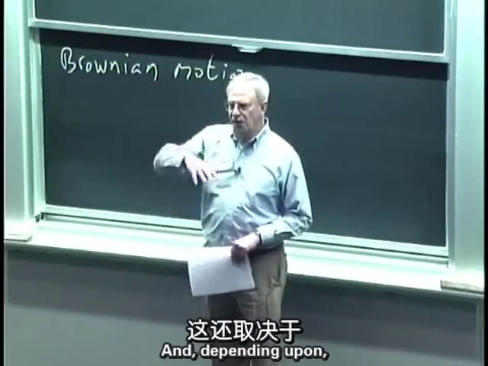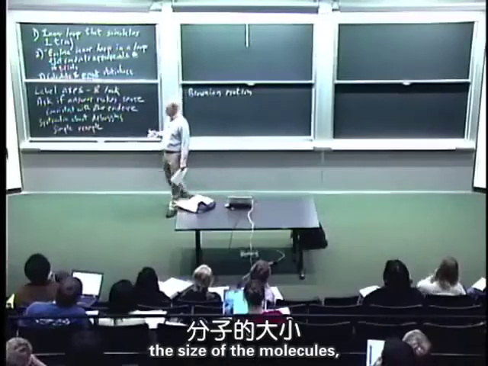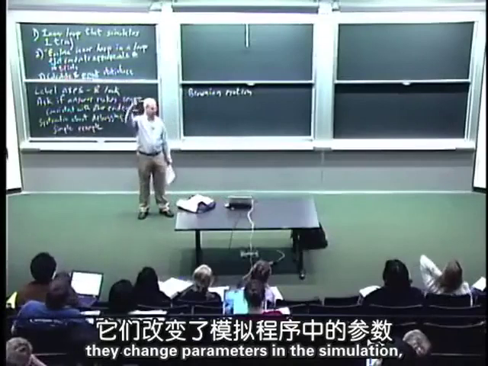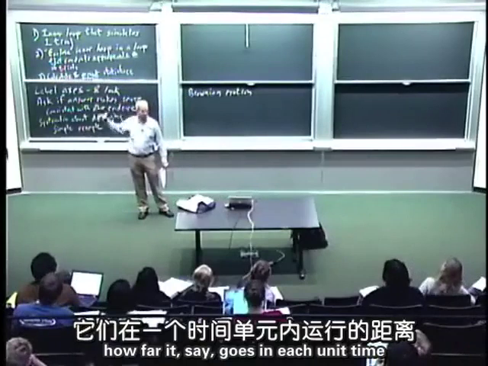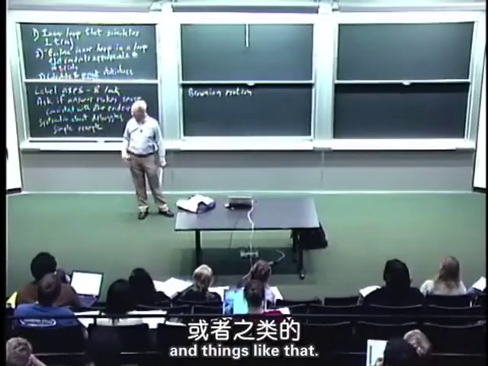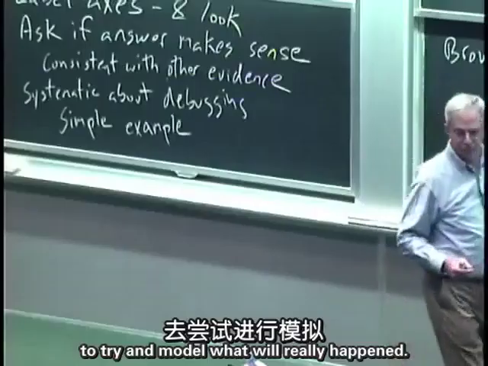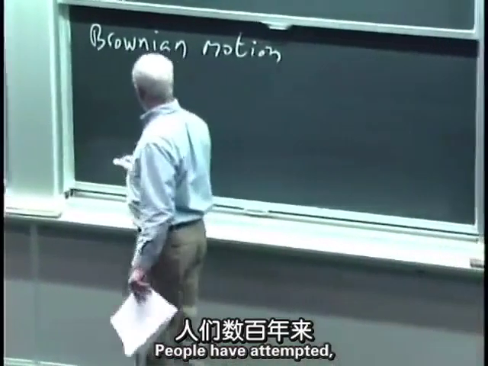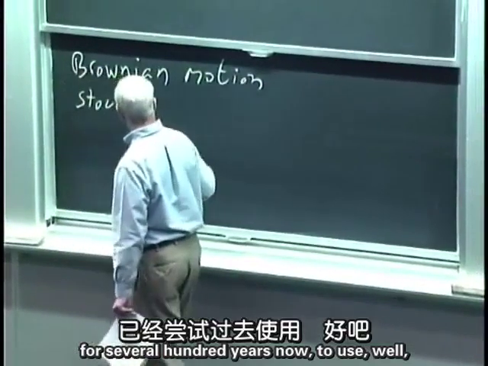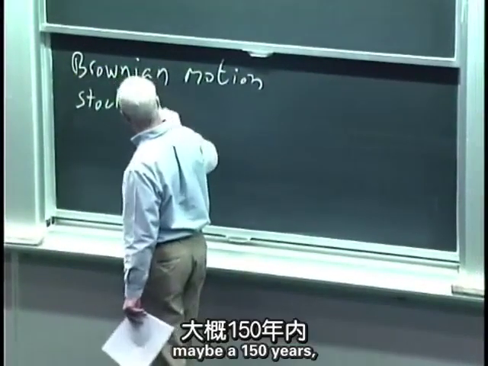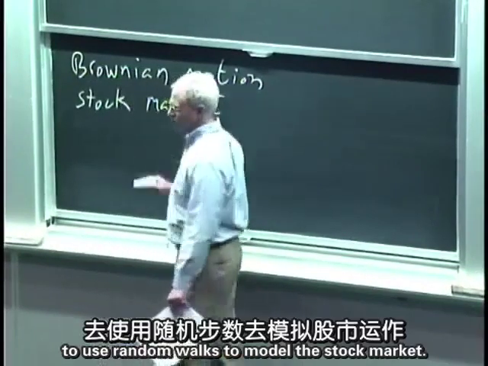And depending upon, say, the density of the gas or the liquid, the size of the molecules, they change parameters in the simulation, how far it goes in each unit time and things like that. But they use a random walk to try and model what will really happen. People have attempted for maybe 150 years to use random walks to model the stock market.